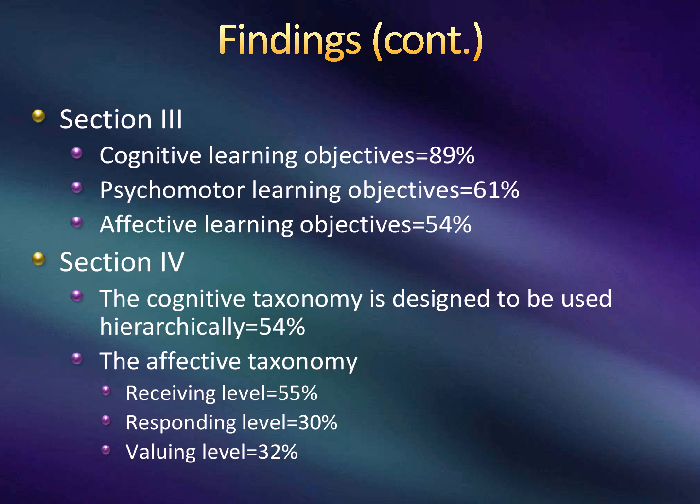These results indicated that 55% of those respondents use objectives at the receiving level, 30% at the responding level, and 32% at the valuing level. These findings indicate that hierarchically leveled objectives are inconsistently applied in the design of nursing curricula.